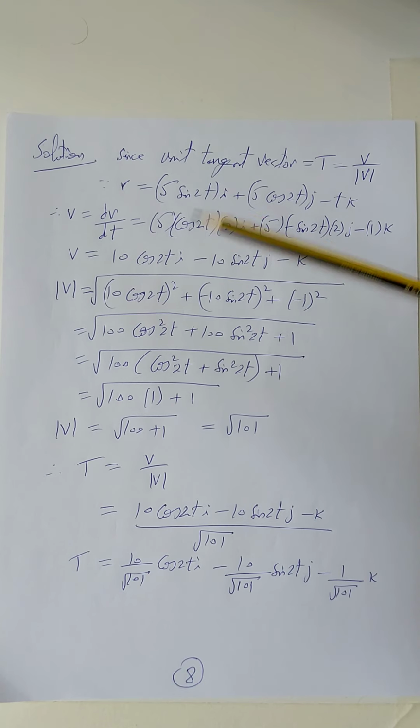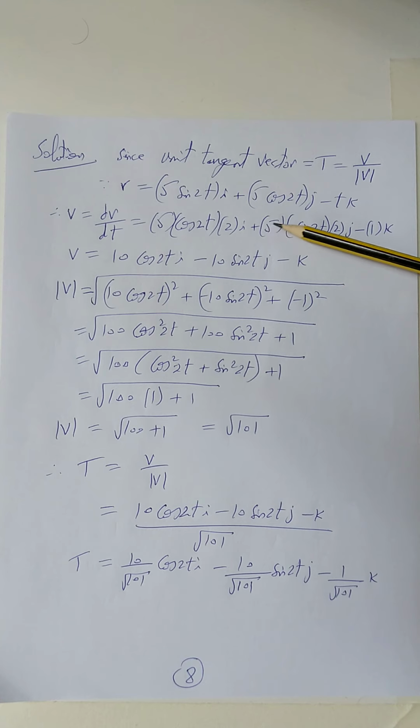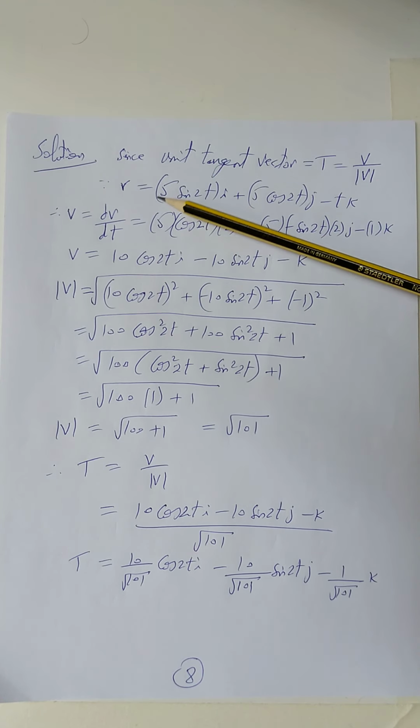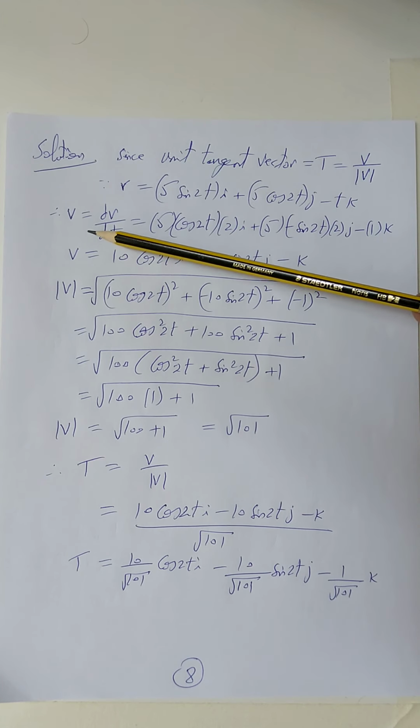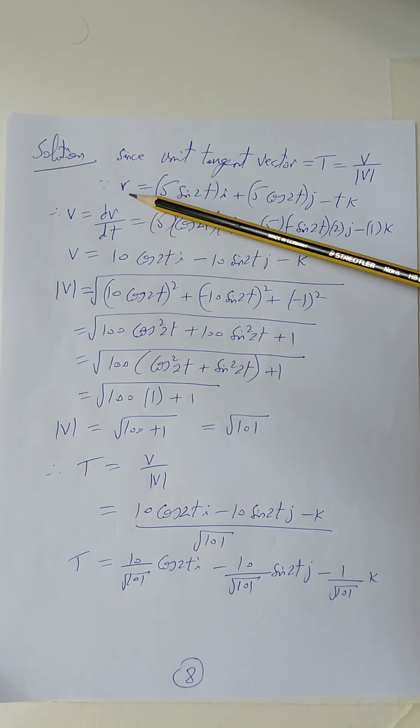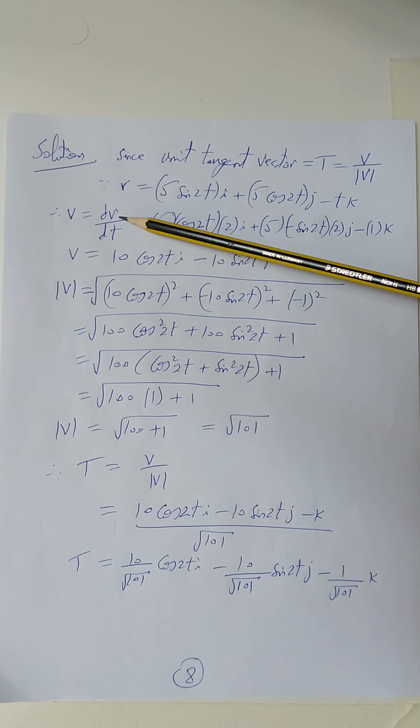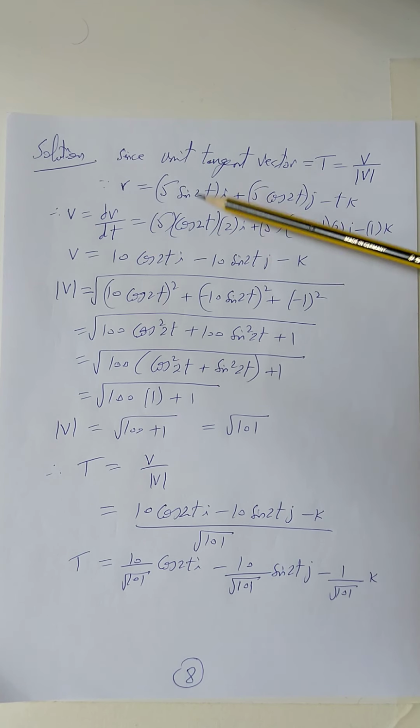Since the curve r is given as 5 sin 2t i + 5 cos 2t j - t k, this is your position vector. Velocity is the first derivative of the position vector, so we find dr/dt.